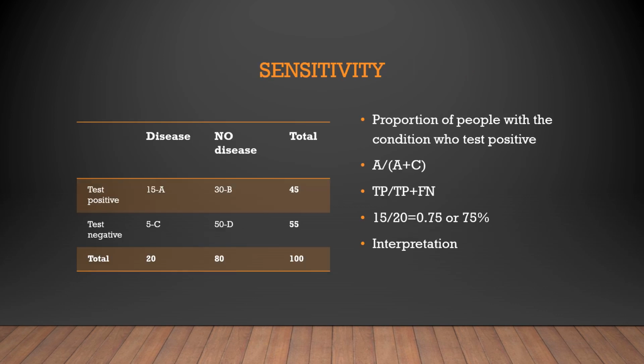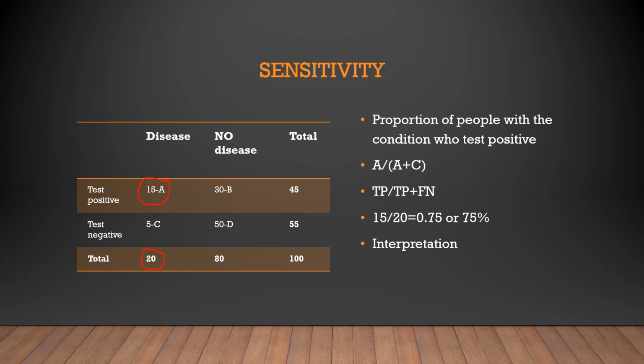Let us see with the same example. Okay. So sensitivity is the proportion of people with the condition who test positive. Who are all the people with the condition? There are 20 people with a condition, and among them what is the proportion that is testing positive? This is 15, correct?